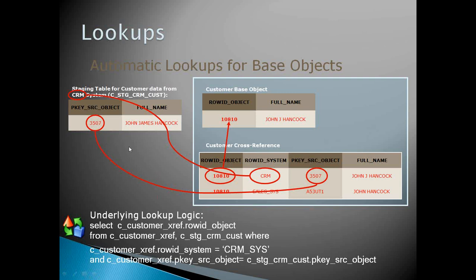But now, let's say we have a record from the sales system. It's already in the cross-reference, and it probably will be in the customer base already, right? Because that's the only record we have. So now a new record comes through from CRM, but then we have to do the matching in order to find which record is the good one, right?